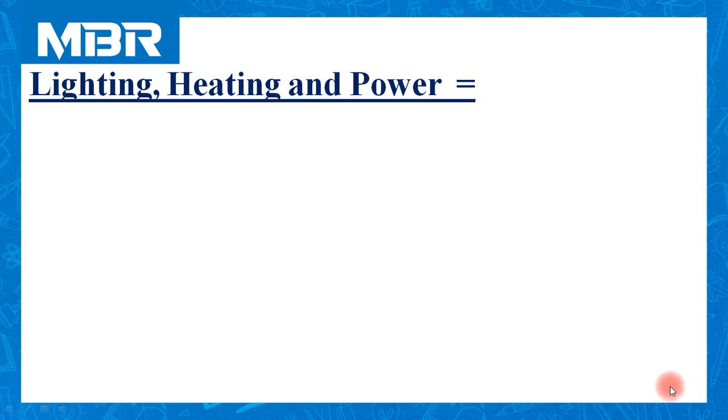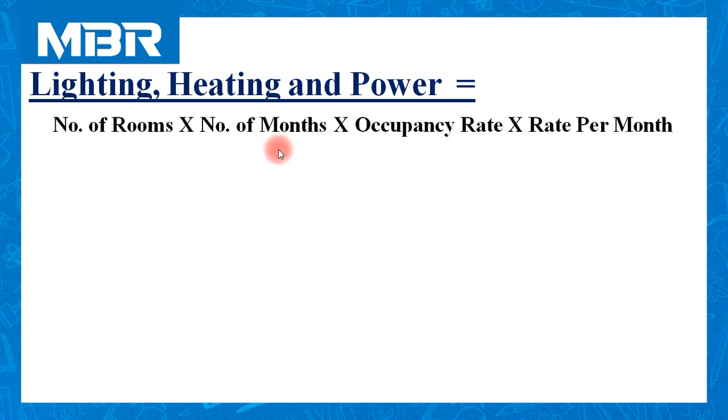Let us move to the next and important part of our answer, and it is all about lighting, heating and power, or you can say lighting and power. For the purpose of lighting and power, in this question we need to prepare a separate table.